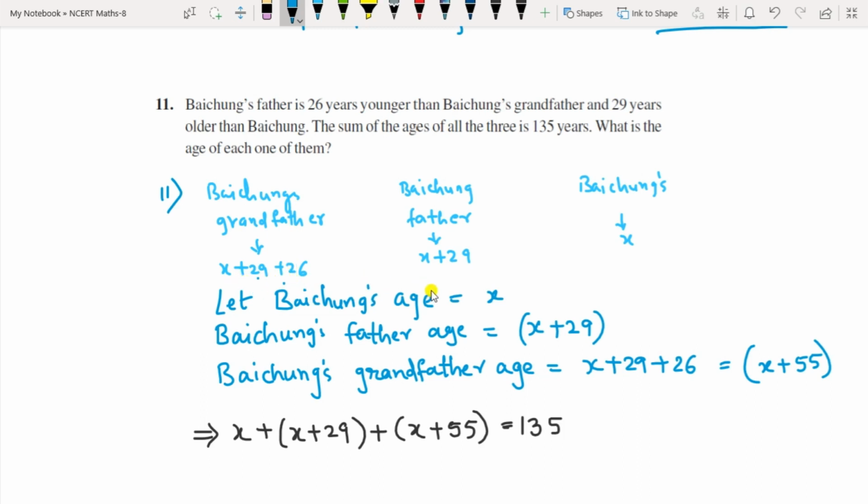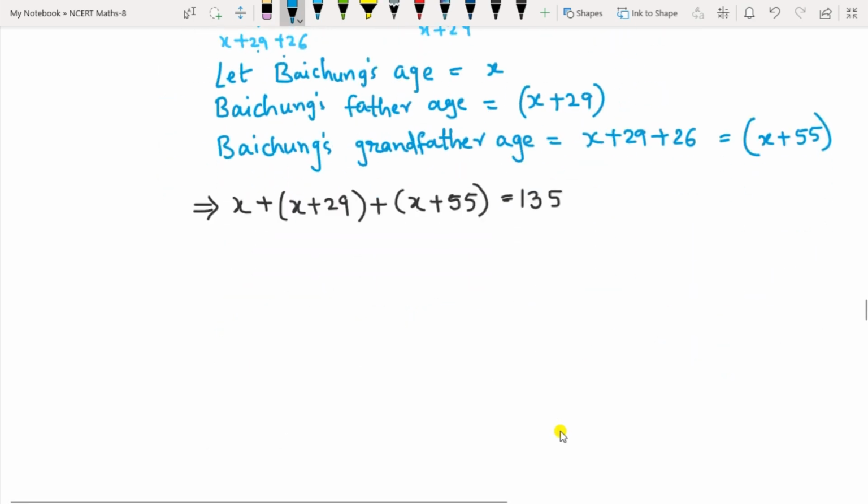So it will be x plus 29, father's age, plus 26, grandfather's age. Okay. So Baichung's age is x, Baichung's father's age is x plus 29, grandfather's age will be x plus 55, and if all the three ages are added, it totals up to 135.